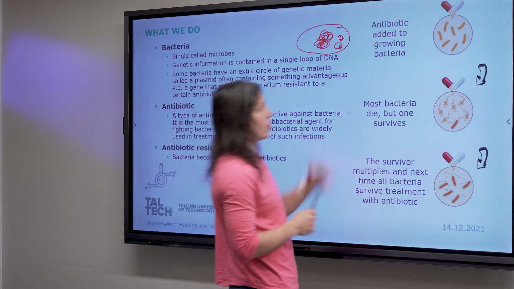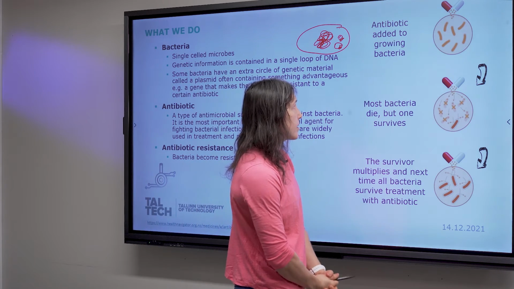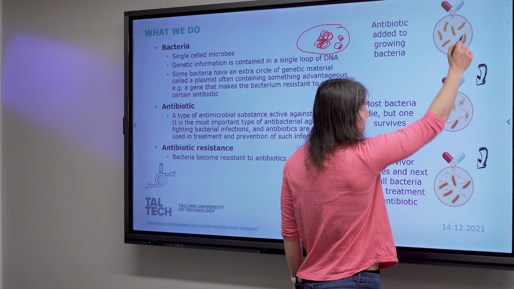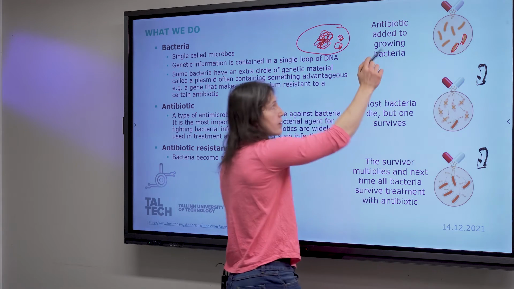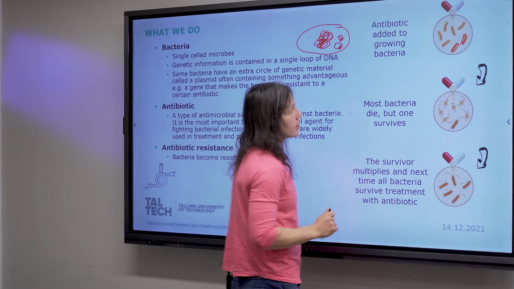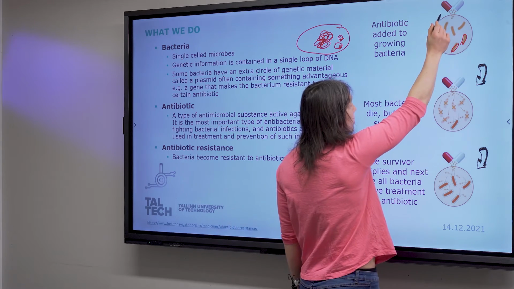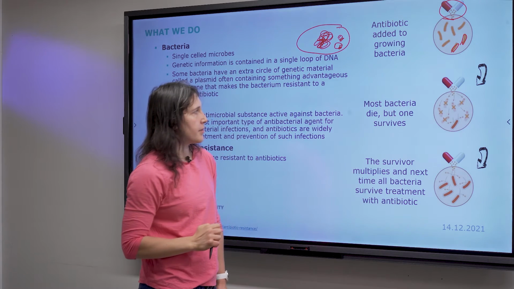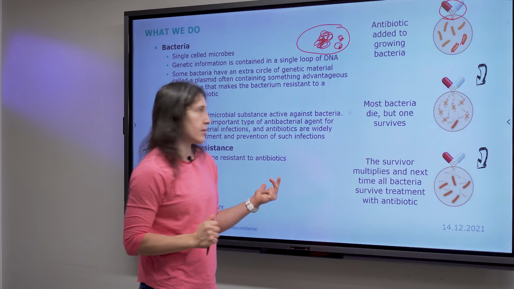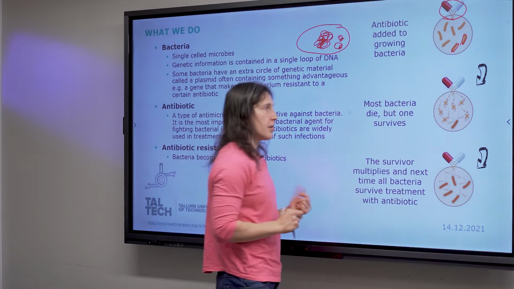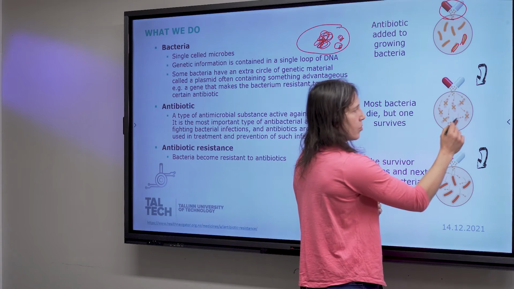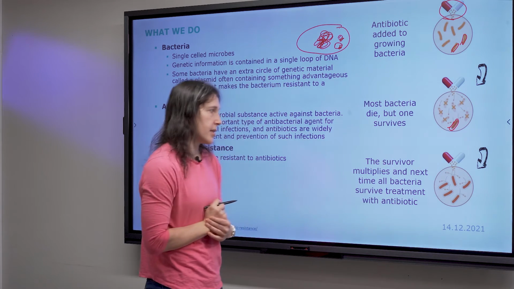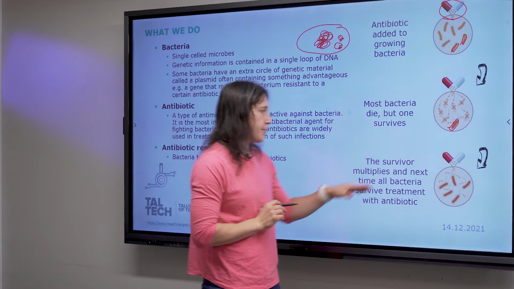So if we go over here, we have our sketch with our bacteria growing on a plate, and we want them to be gone. So we add a little bit of antibiotic. Most bacteria will die from this, but let's say one survives. When this happens, the survivor will multiply.